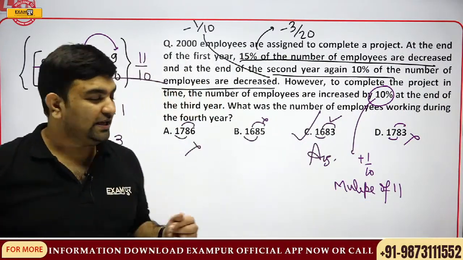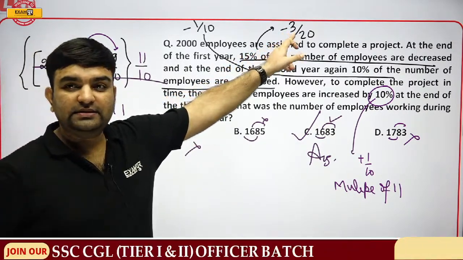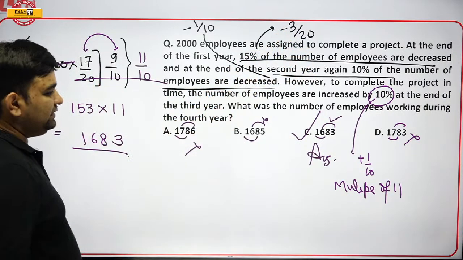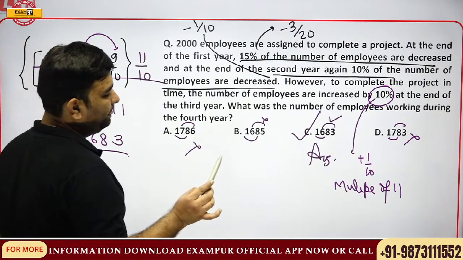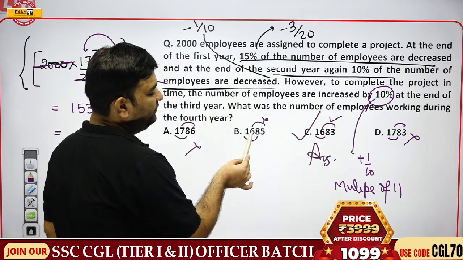Yeah, you can check the multiple of 17 as well. Because here, it is decreasing by 3 over 20. So remaining 17. Multiple of 17. 17 1s are 17. 17 5s are 85. No. 153. Then 153, 155.